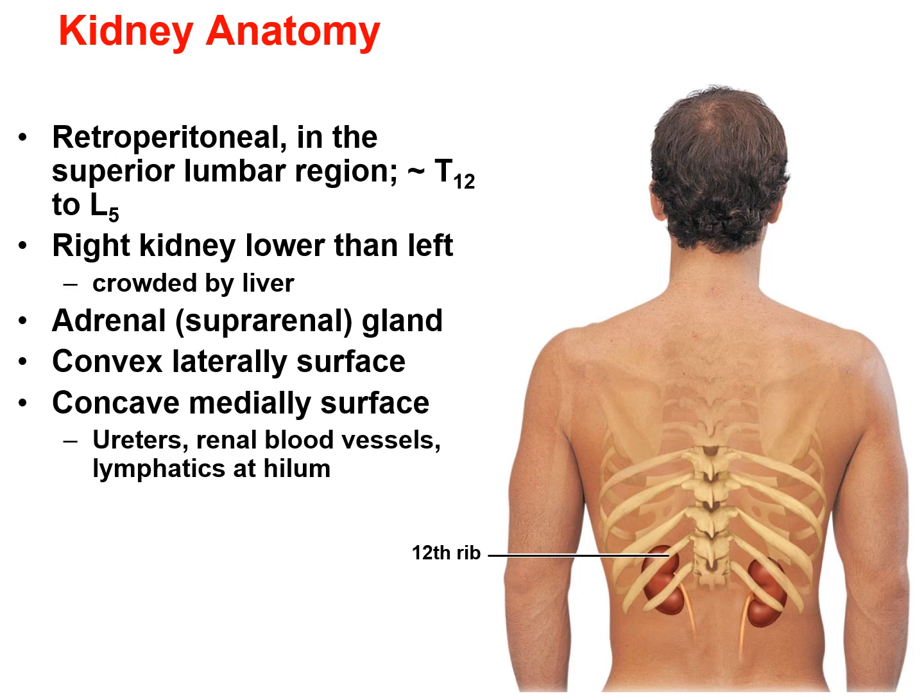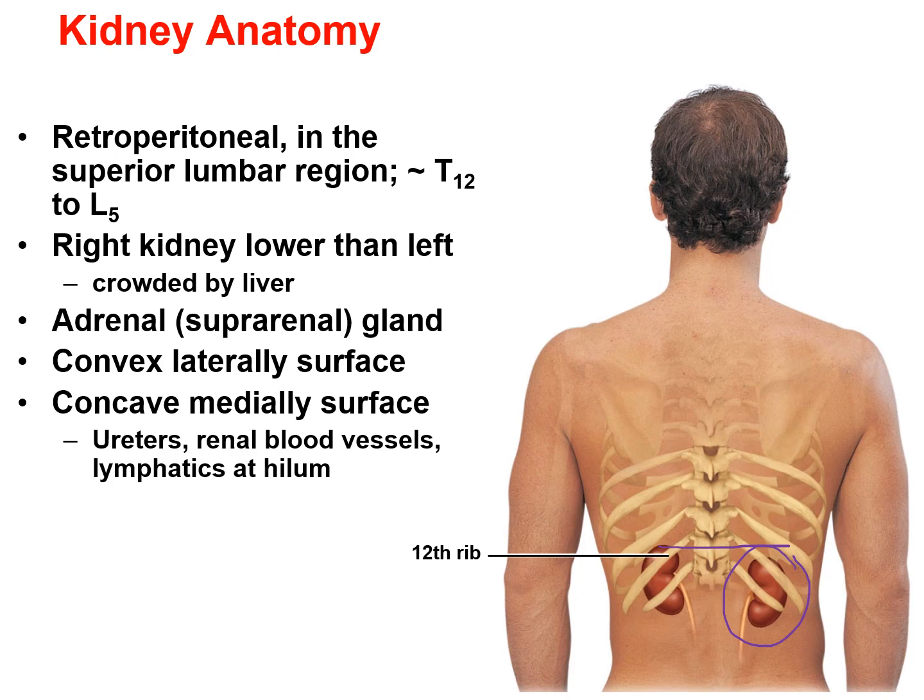If you look at this figure, you're looking at someone in posterior view, and if you look at your right kidney, the right kidney is actually a little bit lower than your left kidney. So here's your right kidney, and if you draw a line over from your left kidney, you can see that the right kidney is a little bit lower in the body.